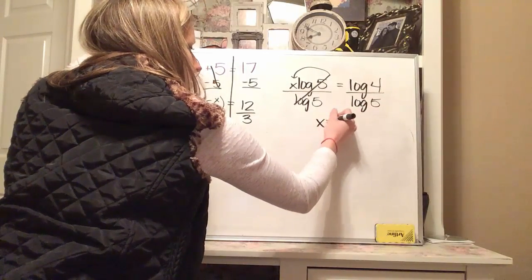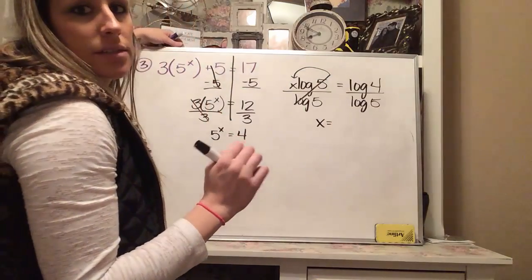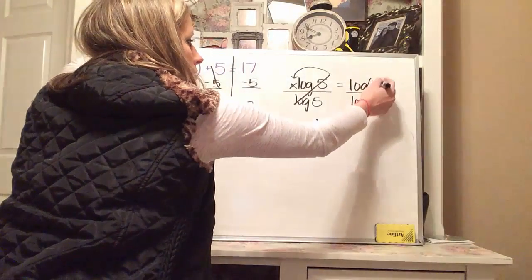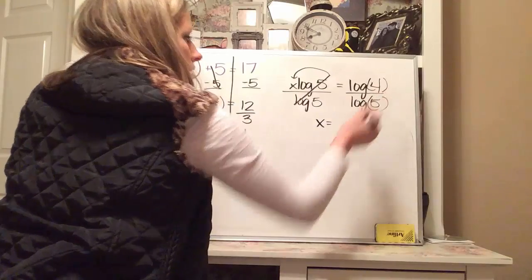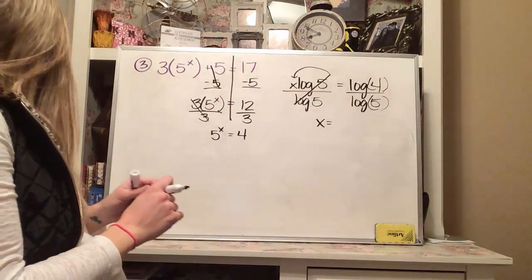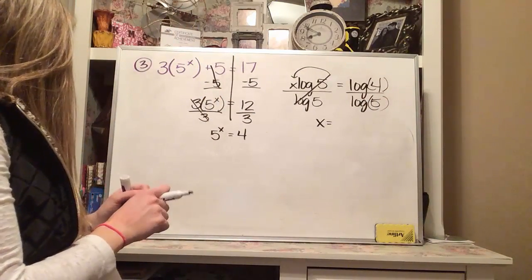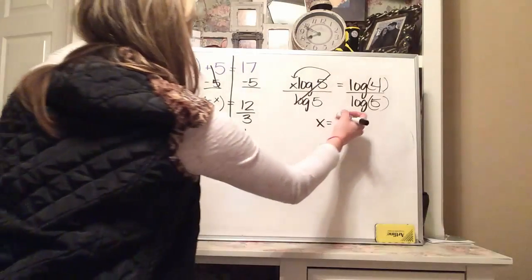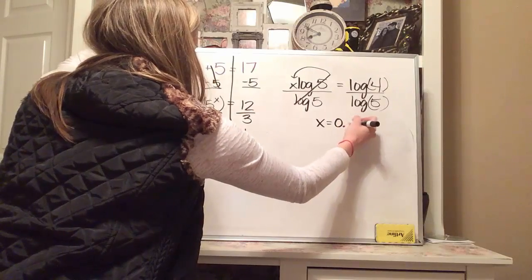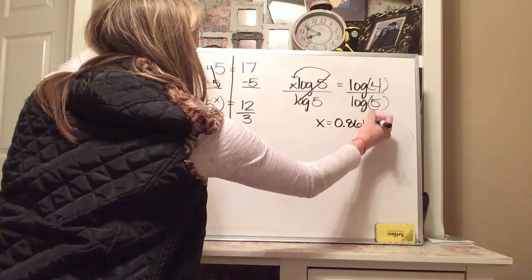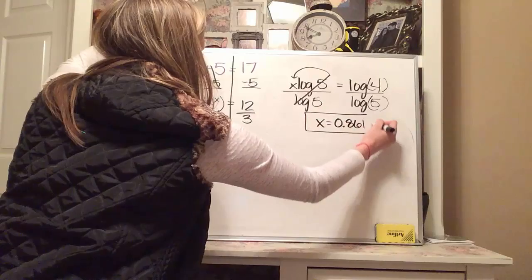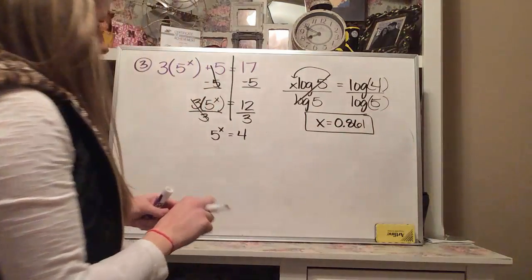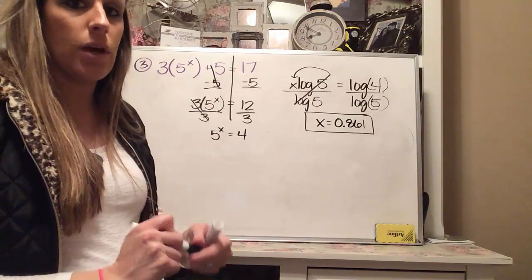And remember, we're rounding to 3 decimal places. Okay, so log of 4 divided by the log of 5 should get 0.861.